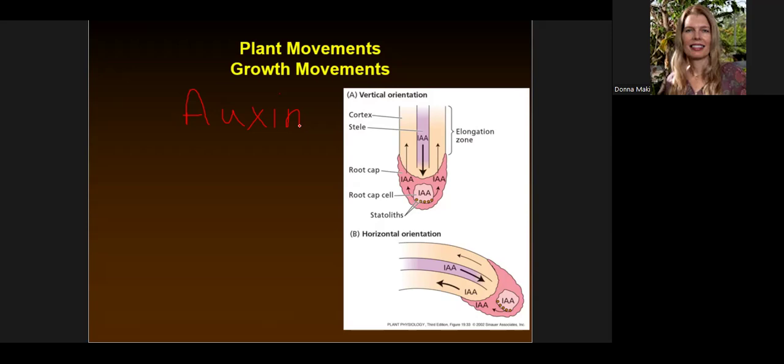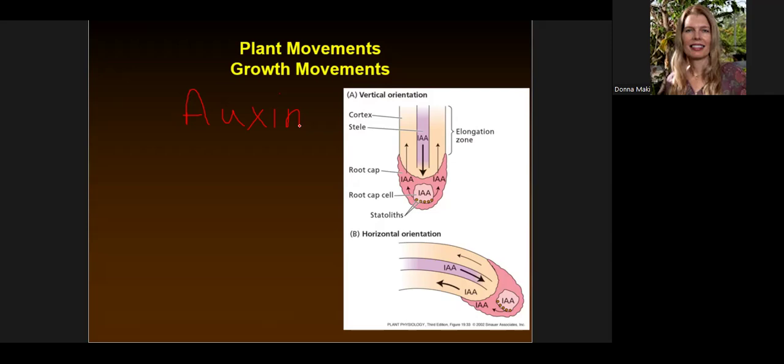Here though, the way the artist drew it, if you put a root experimentally on its side, instead of having the IAA come down and just symmetrically flowing back up, the artist drew a darker line here, which means there's more auxin flowing on the side closest to gravity pulling. So do you see how the amyloplasts are shifted a little bit here?